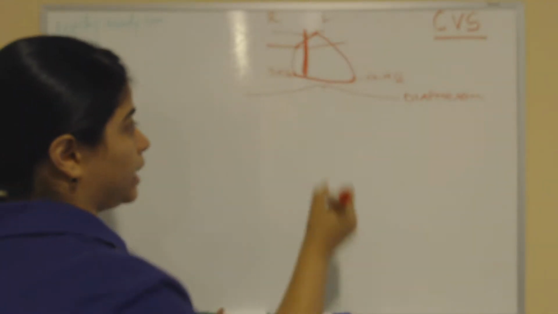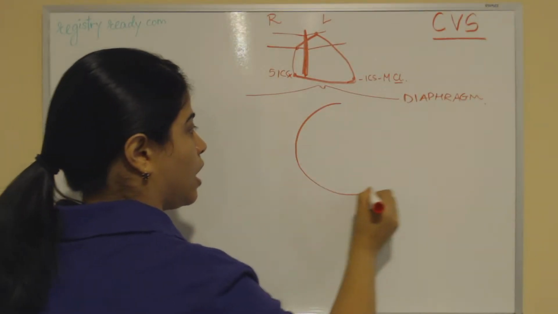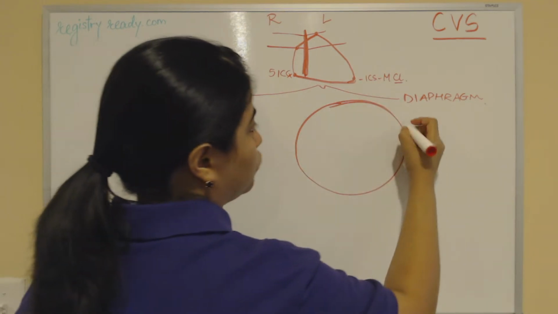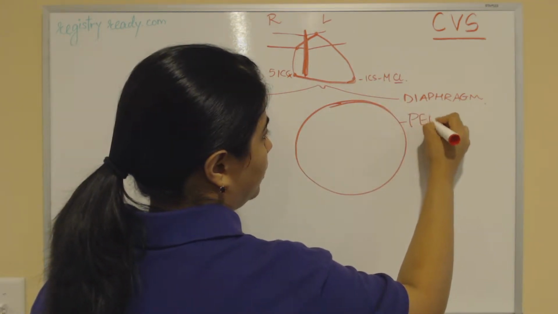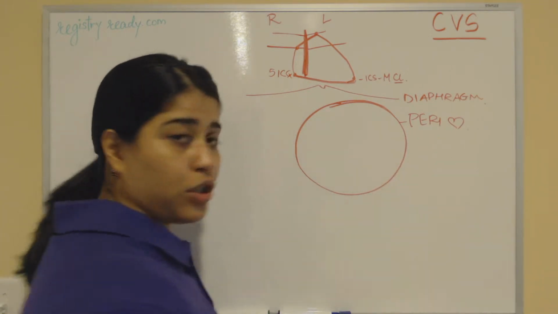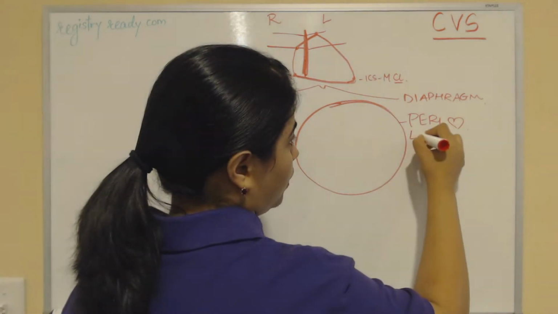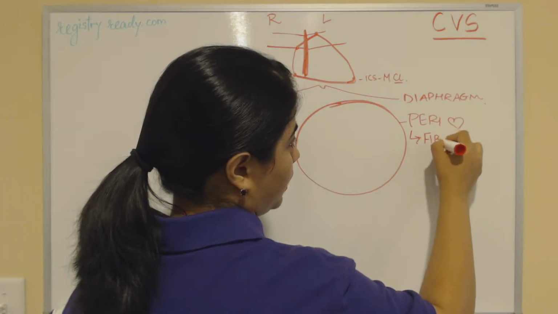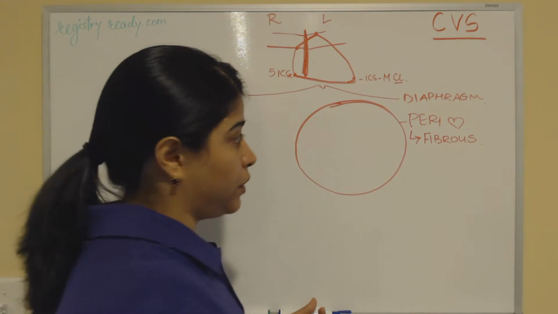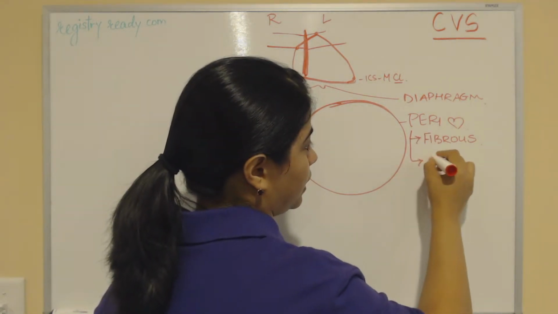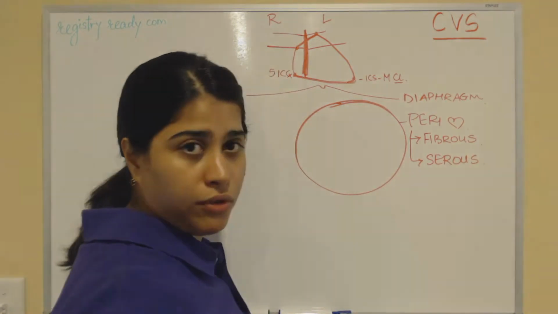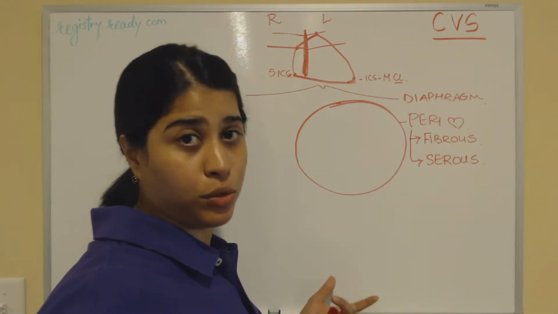Now this heart is enclosed in a rough and tough bag-like structure which is known as the pericardium. This pericardium has 2 layers. The first one is the thick fibrous layer, whose function is basically going to be protection of the heart, and the second one is a serous layer. When we say serous, we mean that there's going to be some fluid which is present. Now, where exactly is that going to be present?